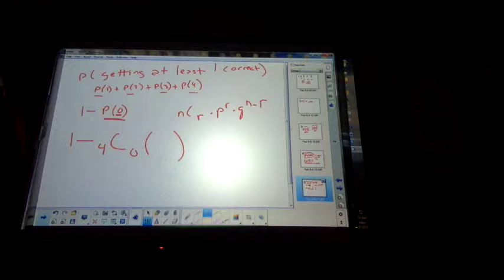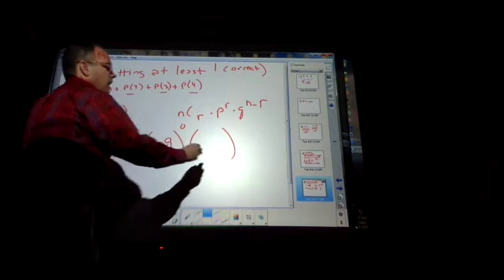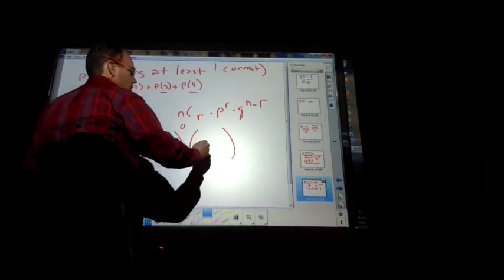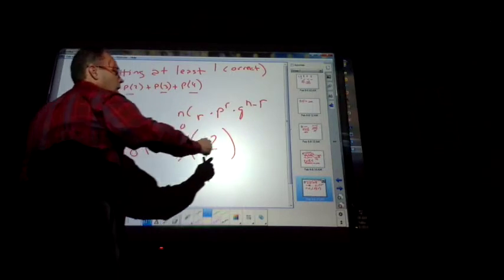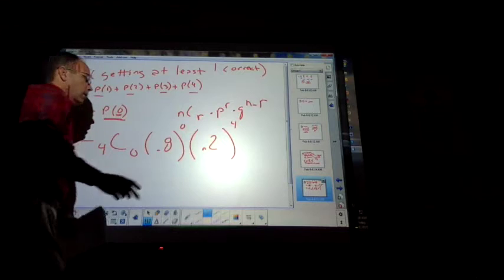So what's the chance that I get a problem wrong? 4/5, which is 0.8. 0.8 raised to the 0 power. What's the chance that I get one right? 1/5, which is 0.2. So I'm going to go 4 minus 0 because n minus r, n minus r, n minus r. 4 minus 0 is to the 4th power.